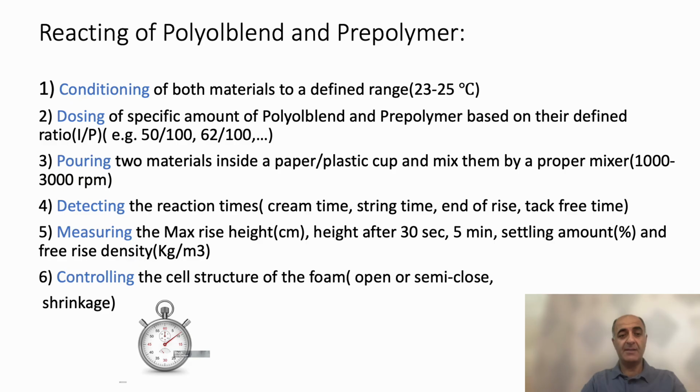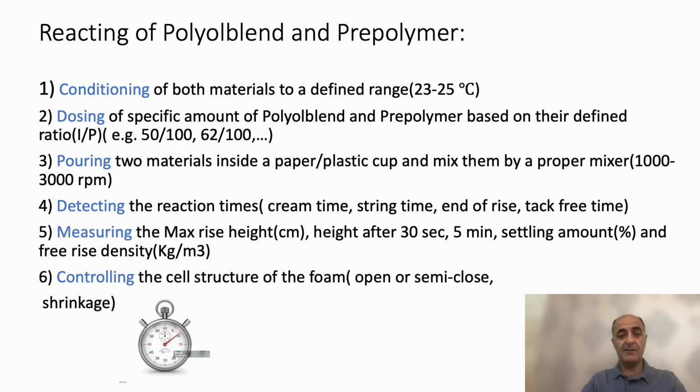And then the next step, we pour these two materials inside a paper or plastic cup and mix them with a proper mixer, normally between 1000 to 3000 RPM, and then detect the reaction times, including cream time, string time or gel time, end of rise, and tack-free time.